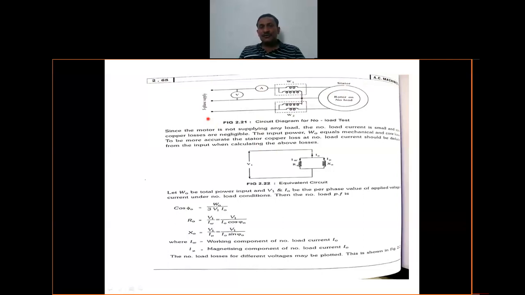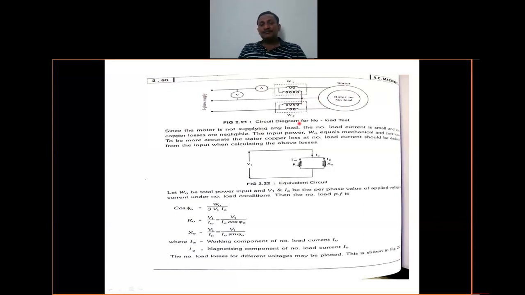What is the procedure? At the input we can connect a three-phase variac, which is not mentioned in the circuit diagram. A variac gives variable voltage, so we can apply a variable voltage to this motor.